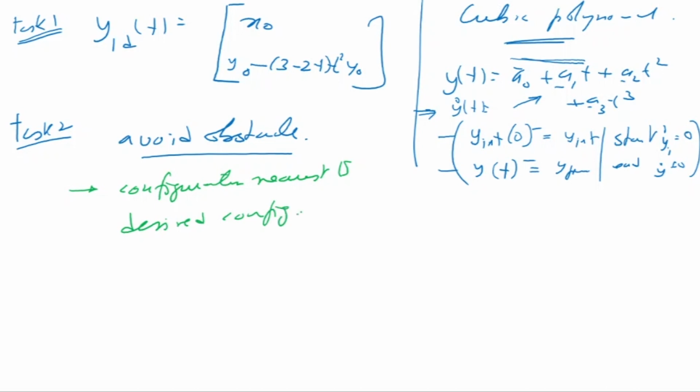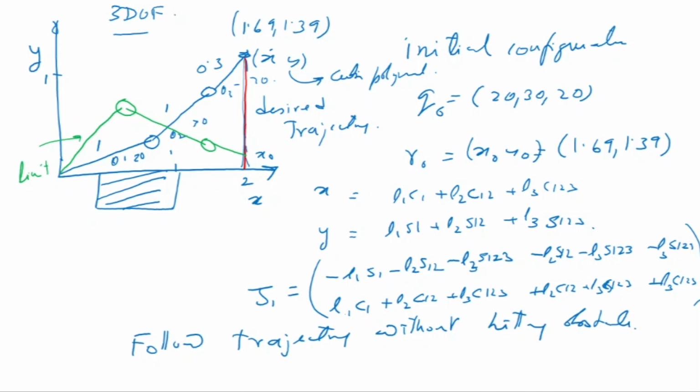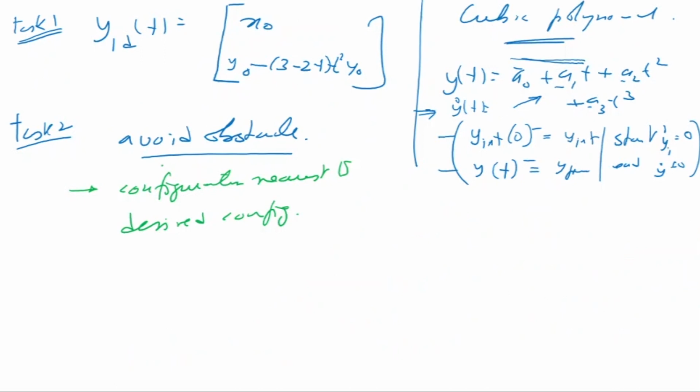What does it mean, configuration nearest to desired configuration? When it is moving, the configuration should be the closest to this one. That would basically mean that it is keeping away from the obstacle. So keeping the configuration nearest to that would mean I have to give the configuration variable y2d, the angles basically: 45 degrees, minus 70 degrees, and 0 degrees.